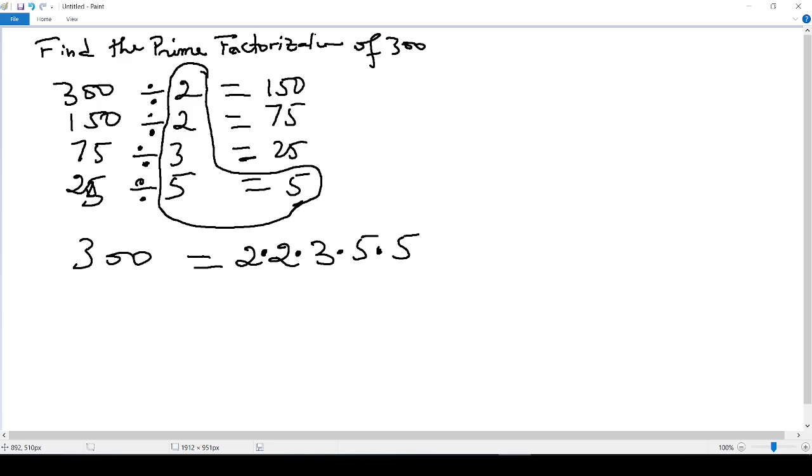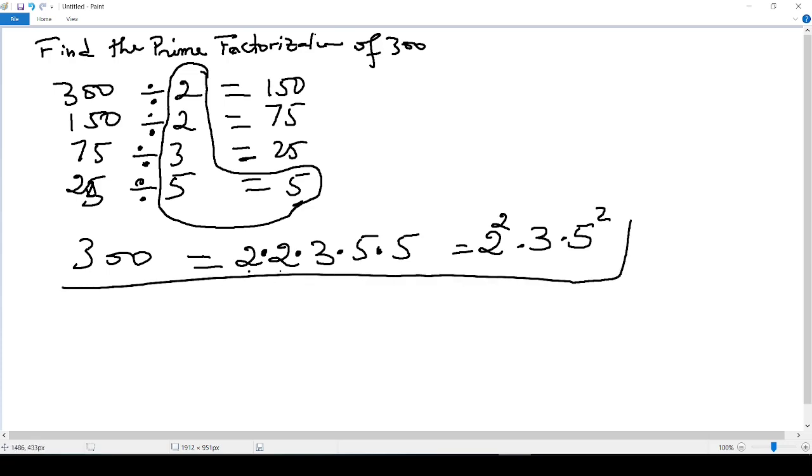So we can stop here, or if we want to write it more fancily, we have 2 to the second power times, how many times do we have 3? 1 time. So 3 to the first times 5. How many times do we have 5 here? 1, 2. We put 2 there. So this is our result. This is our prime factorization of 300.